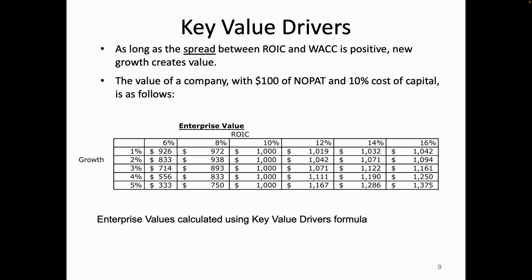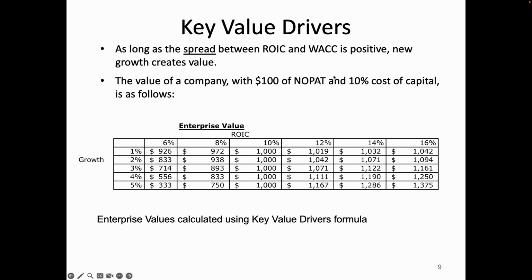NOPLAT, 100 million. WACC, 10%. ROIC, 6, 8, 10, 12, 14, and 16. So I'm going to vary it into that equation. G, 1, 2, 3, 4, 5. So if I plug in those 4 numbers, I get those results to the table.